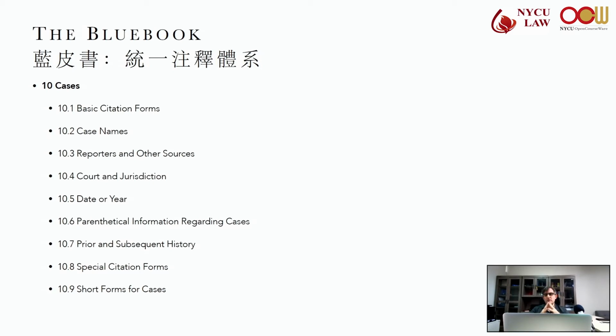So you would use the common name in the parentheticals. The Bluebook also mentions that you can totally get rid of it, but I would use a parenthetical.